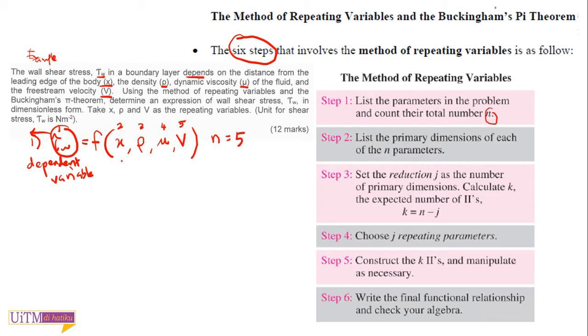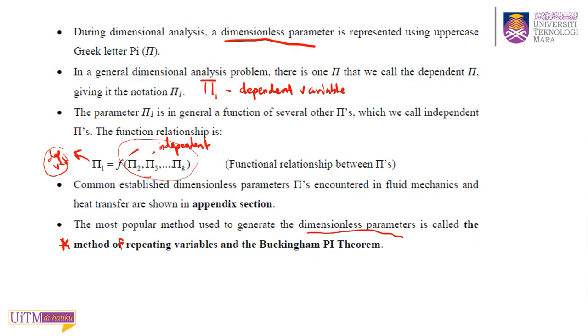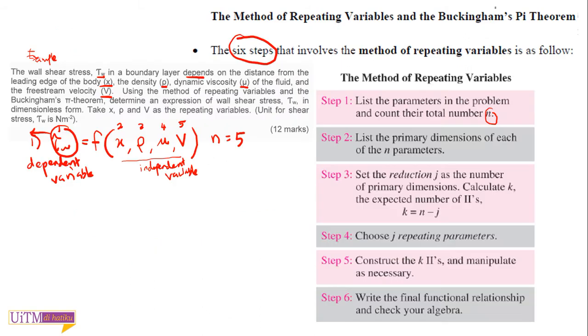So these four are the independent variables. As we discussed in the previous slide, pi 1 equals a function of pi 2, 3, 4. Okay, so that's the first step. So we have 5 more steps.